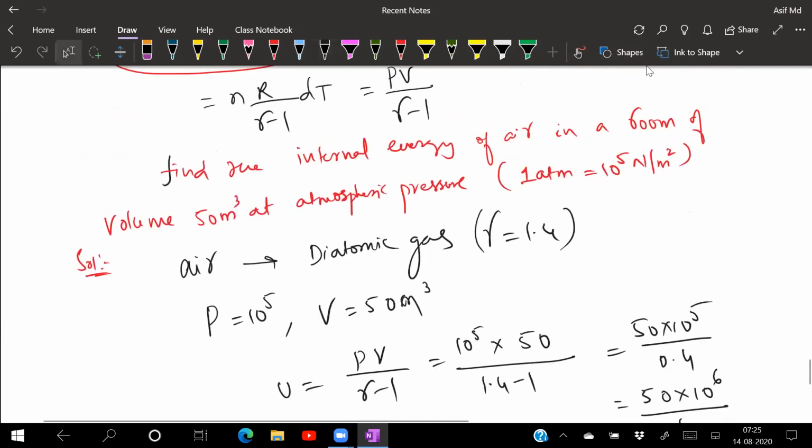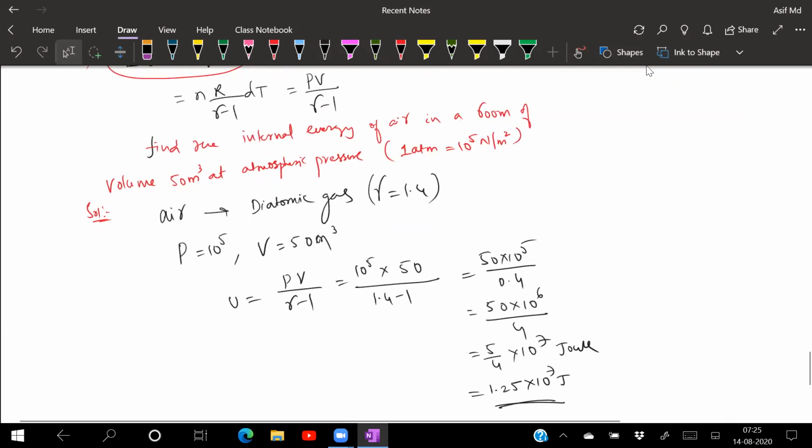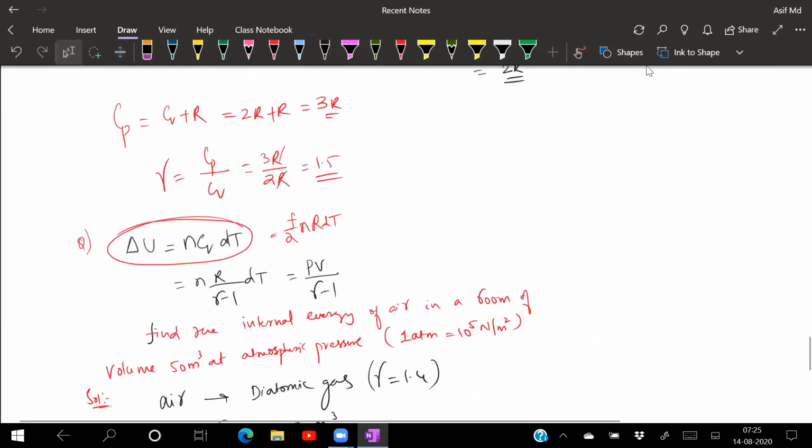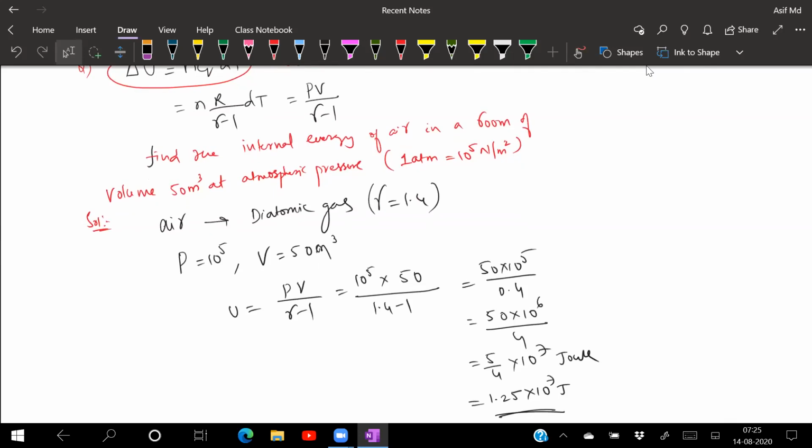Sir, gamma for triatomic gas is 1.33, no, sir? No, beta, 1.4 is diatomic. Triatomic is 1.33. And for monoatomic gases, the gamma value is Cp by Cv.